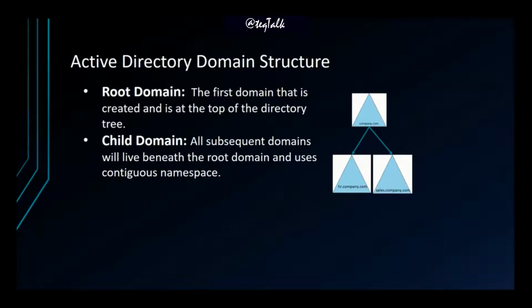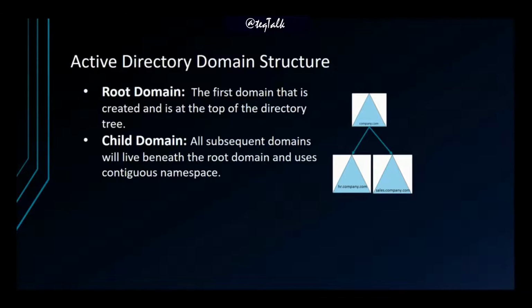The next thing that we will come across is the child domain. Any domains that we create under the root or parent domain will bear the contiguous namespace of it. That means that if I create my root domain or parent domain as company.com, the child must have company.com in it, and in the beginning it might have the domain name.